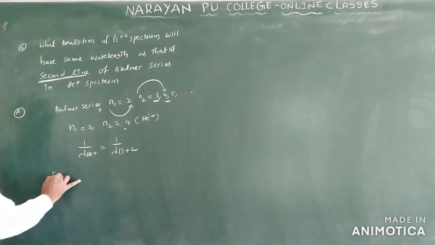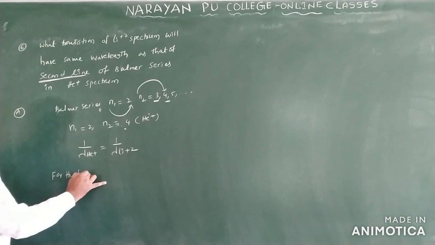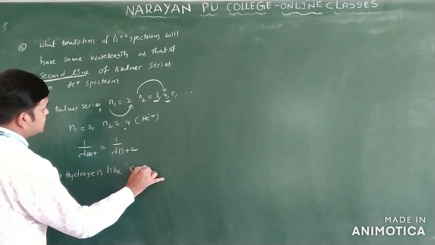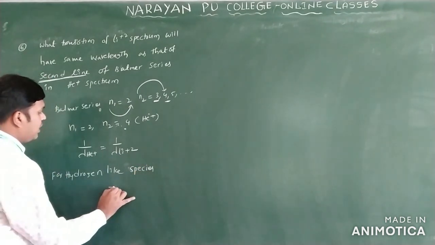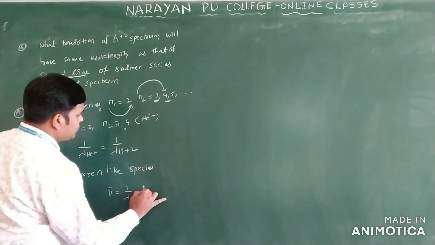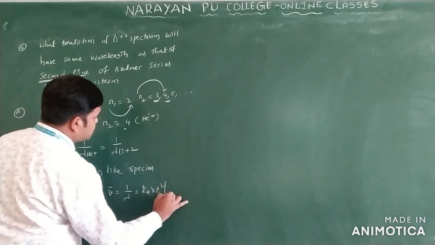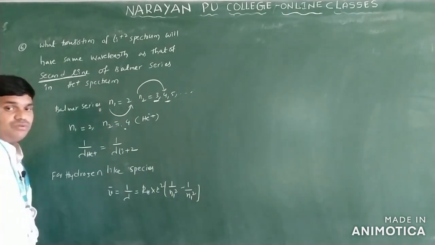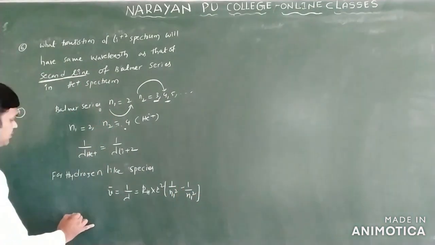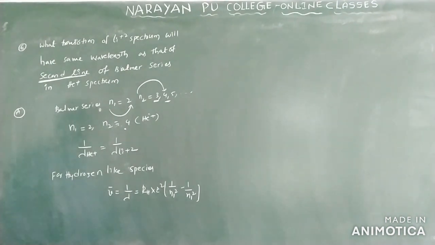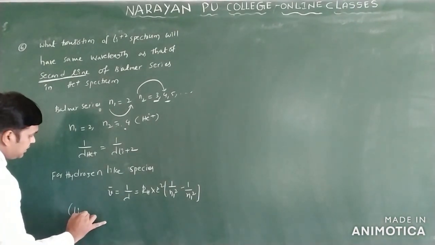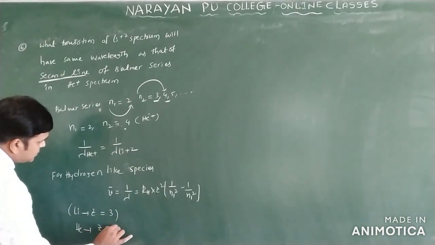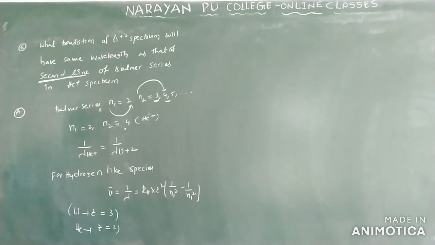So you know for hydrogen like species the formula: nu bar is equal to 1 by lambda, that is equal to RH into Z square into 1 by N1 square minus 1 by N2 square only. So what is the Z for lithium? Hydrogen, helium, lithium. For lithium Z is equal to 3. For helium Z is equal to 2 only.